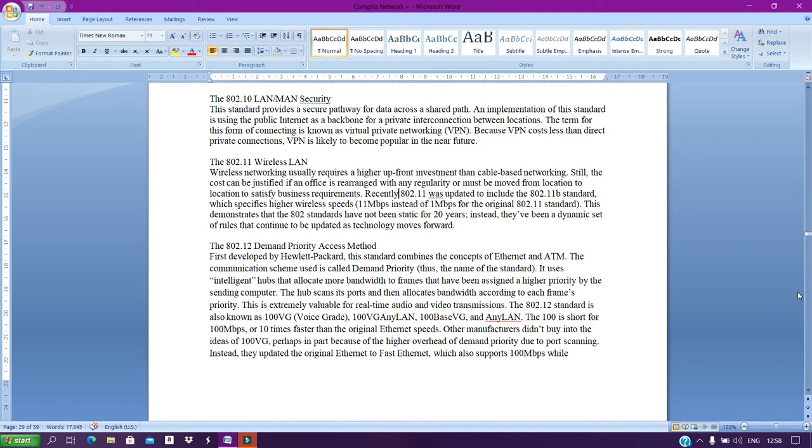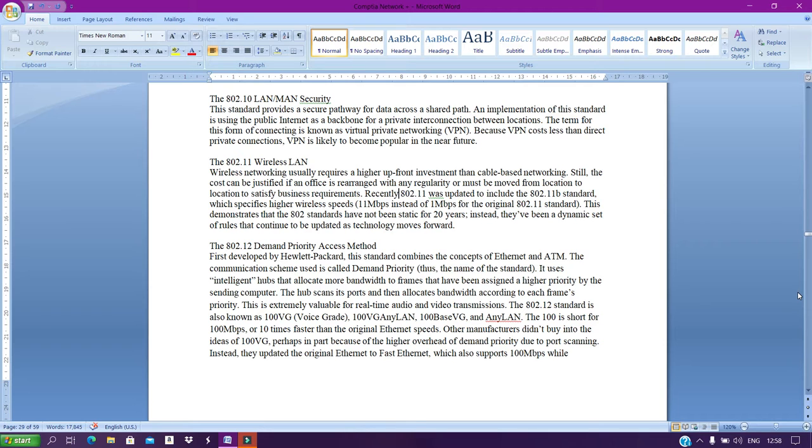The 802.12 standard is also known as 100VG voice grade, 100VG AnyLAN, 100BaseVG, and AnyLAN. The 100 is short for 100 megabits per second, or 10 times faster than the original Ethernet speeds.